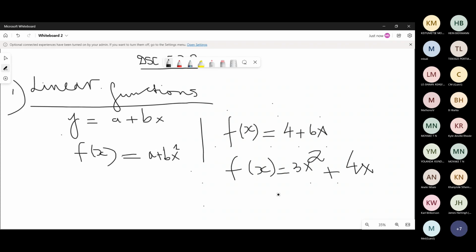Of course, this is no longer a linear function, right? This is no longer first order. Here I have x power 2, right? For linearity, we must have x power 1.